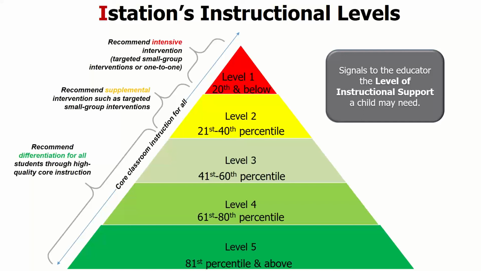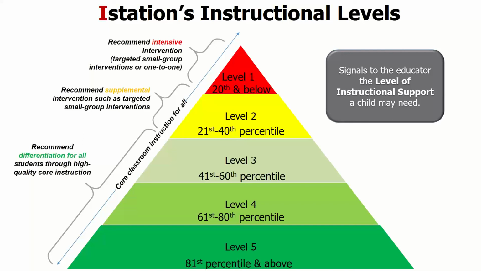And so what we've done by breaking them down into these levels is really helped you to look through the lens of differentiating core instruction and really looking to understand that students at levels 3 and even 4 truly do need some more guided help when you're looking at differentiating core.